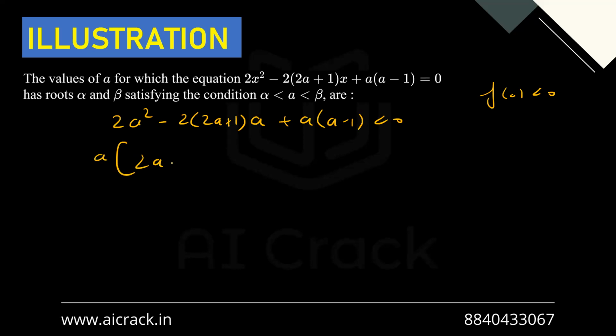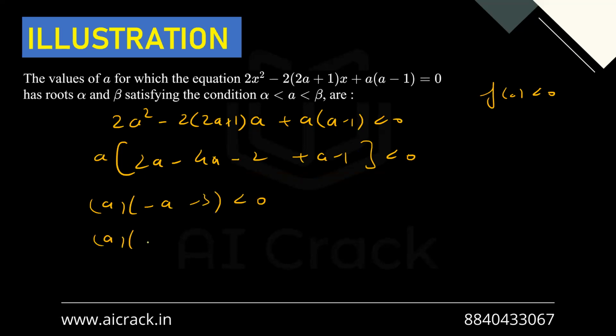We get a(2a − 4a − 2 + a − 1) < 0. So this becomes a times (−a − 3) < 0. Basically what we have got is a(a + 3) is positive. That gives us the range of a: a belongs to (−∞, −3) ∪ (0, ∞).